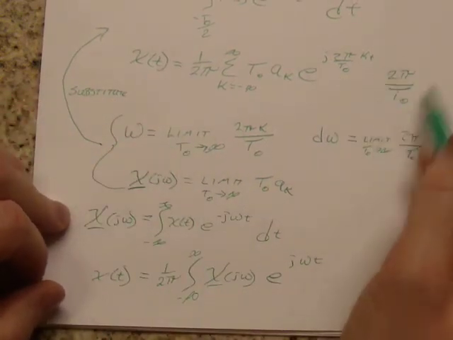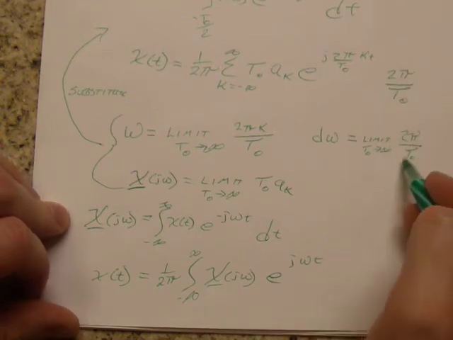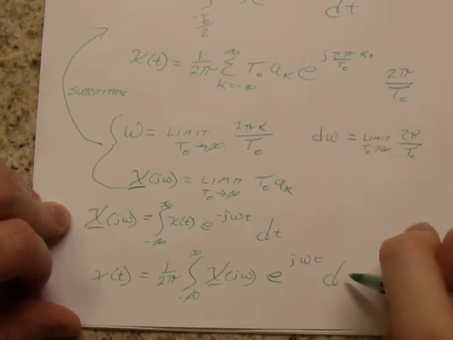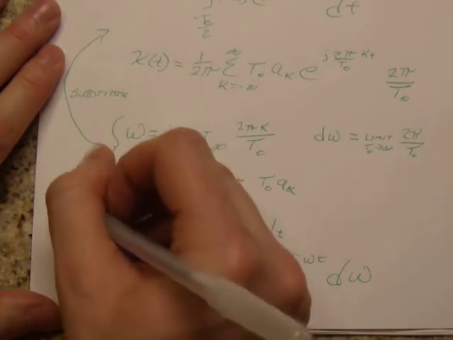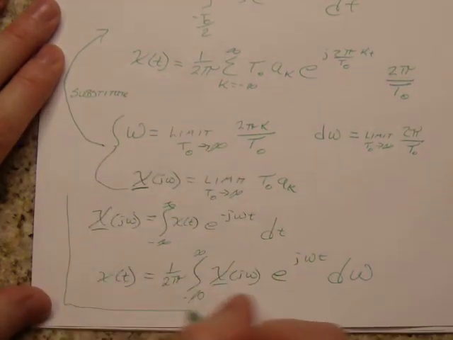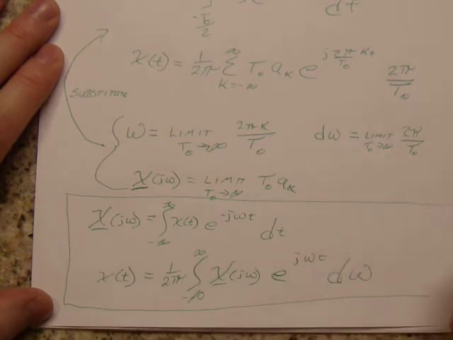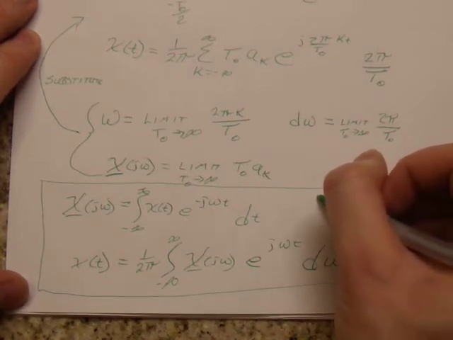And then the last term that we have is 2 pi over t naught, which is getting replaced with d omega. So these are the resulting equations, and these are the Fourier transform pairs.